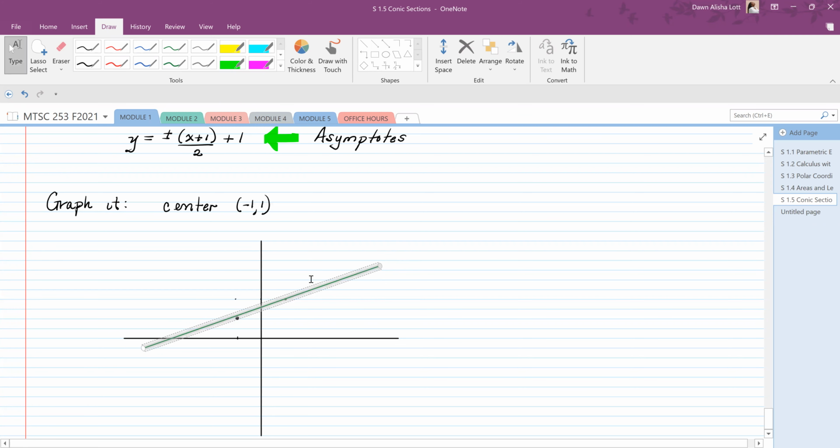Not too bad. And the other one is up 1 and over 2. Okay, so here's our other asymptote. So from our center, we go over 2, 1, 2 right here.